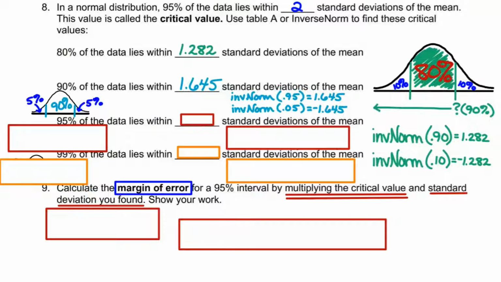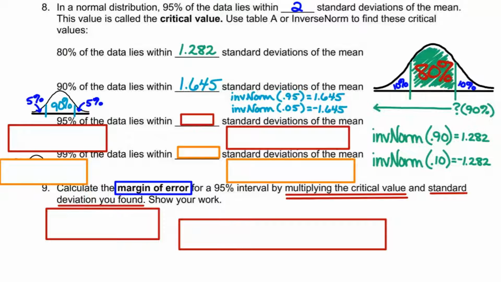What would my tails be for a 95% confidence interval? No. Look here. When I had 80% in the middle, that 20% that was left over had to be split between my two tails. When I have 90% in the middle, that remaining 10% has to be split evenly between the two tails.